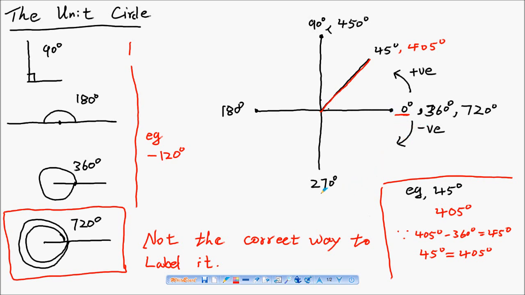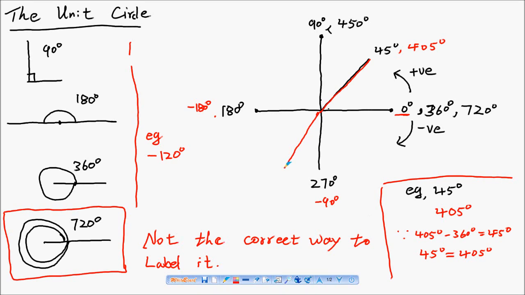When I move to this point, I have minus 90 degrees. When I move to this point, I have minus 180 degrees, and minus 120 degrees should be in between them, somewhere there.